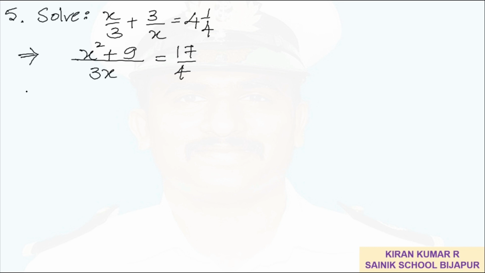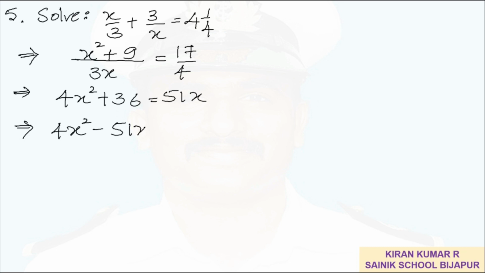Now do cross multiplication. We get 4x square plus 36 equal to 17 times 3x, which is 51x. Further, I can rewrite the equation as 4x square minus 51x plus 36 equal to 0.